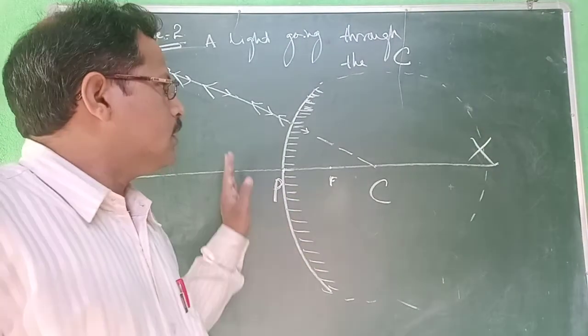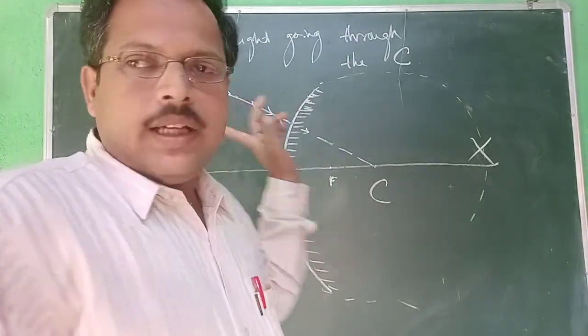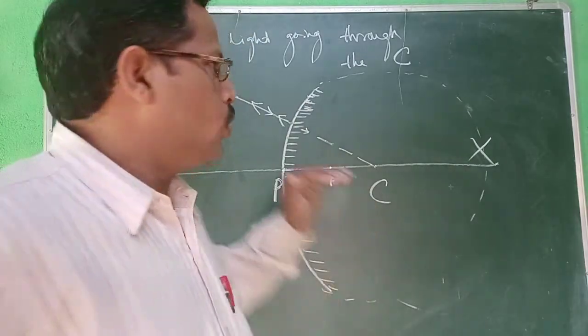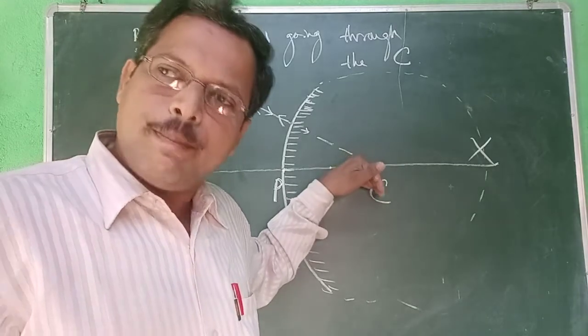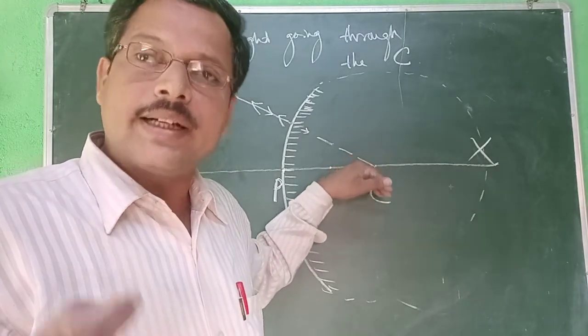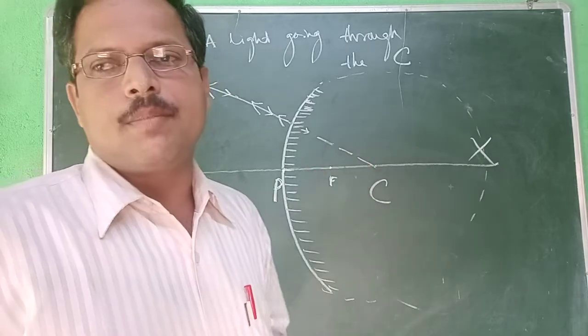So a ray of light going towards the center of curvature of a convex mirror will go back on the same path after reflection.